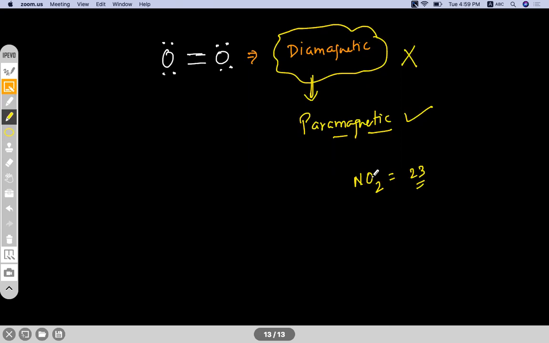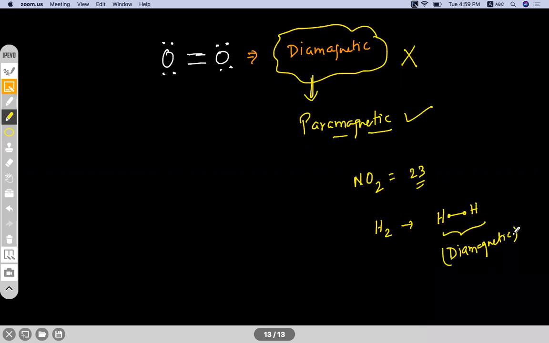When all electrons are paired, for example, H2, there are only 2 electrons and these electrons are paired, right? So it is a diamagnetic molecule. This is the simple definition of paramagnetic and diamagnetic molecules.